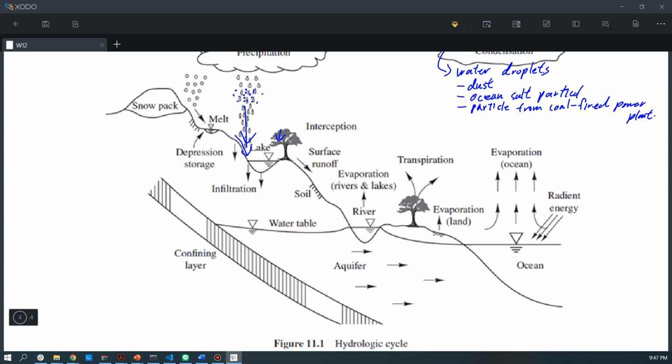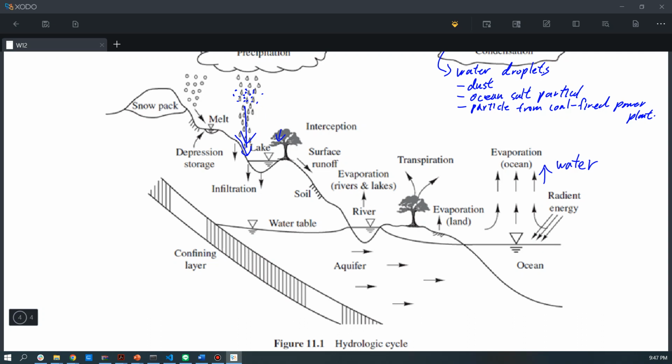And then in the evaporation process, only water will be evaporated.